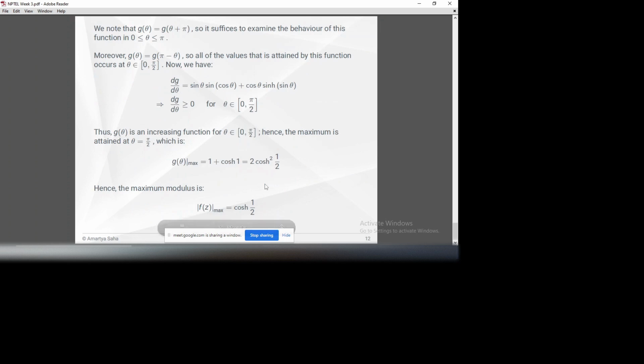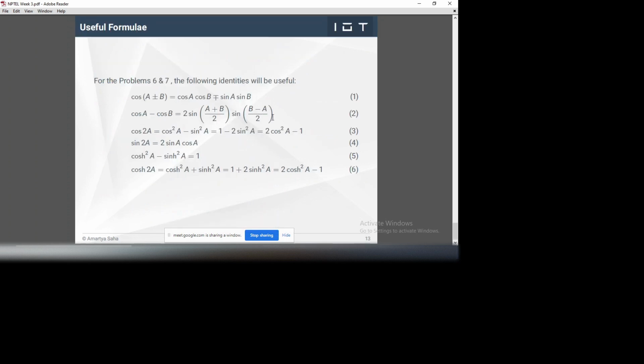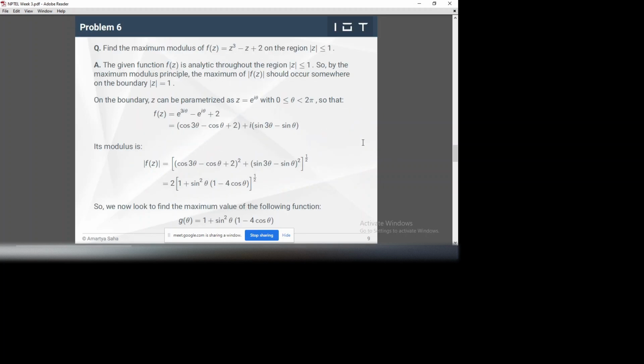All you have to use are these four trigonometric identities. You will have to use 2 and 3 and 4, and 1 also. So all these four trigonometric identities will be in use when we simplify this expression into this one. So that's that.